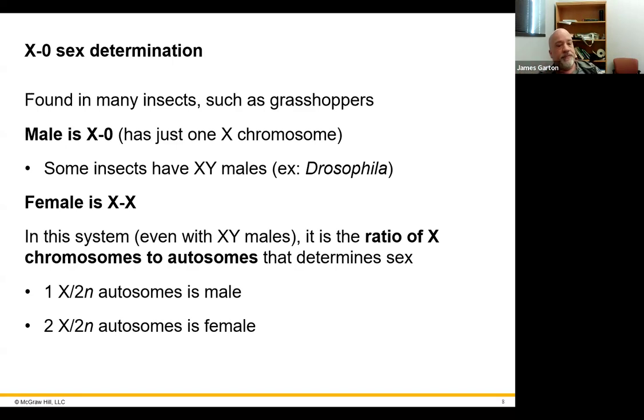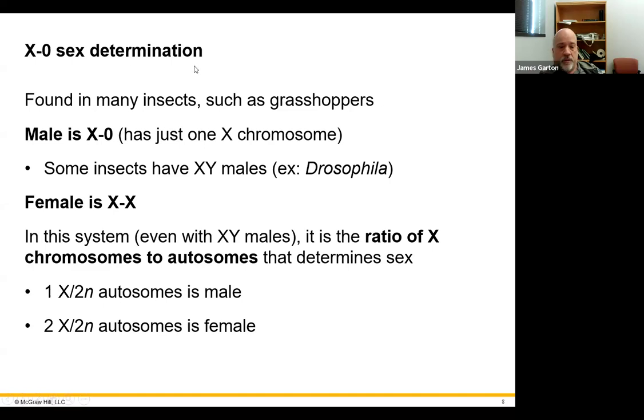Some organisms use what is called the X0 determination. The male is X nothing. The female is XX.